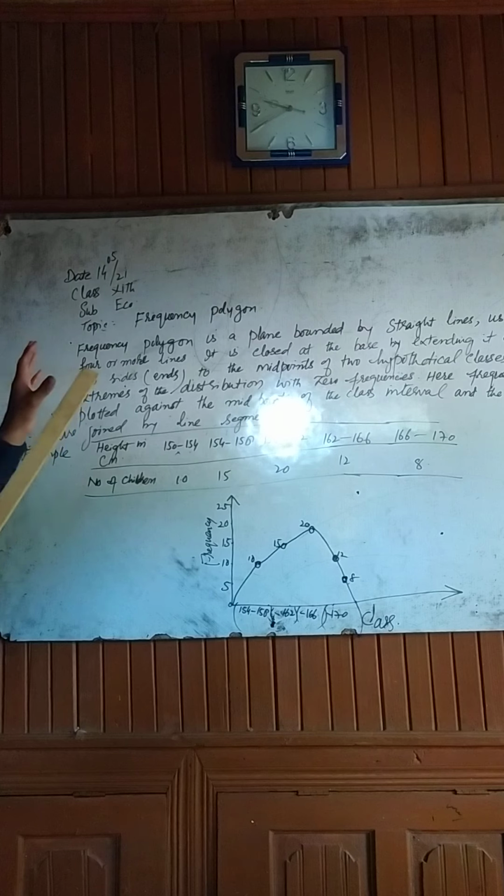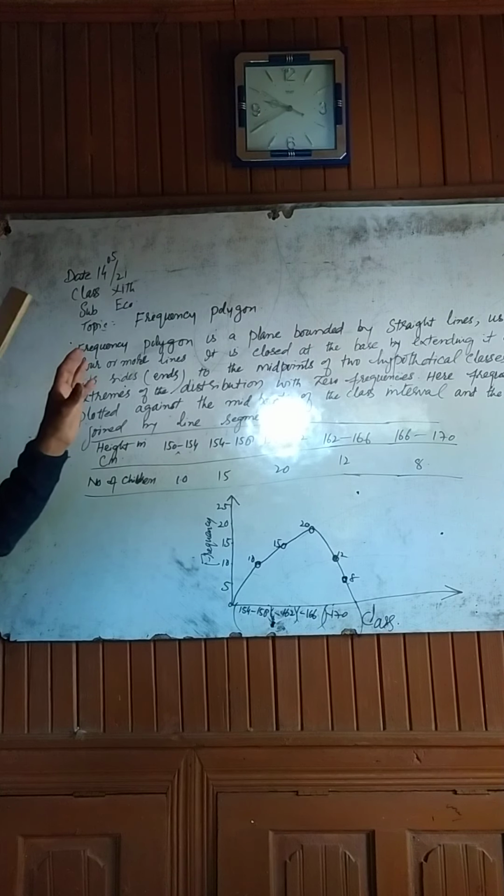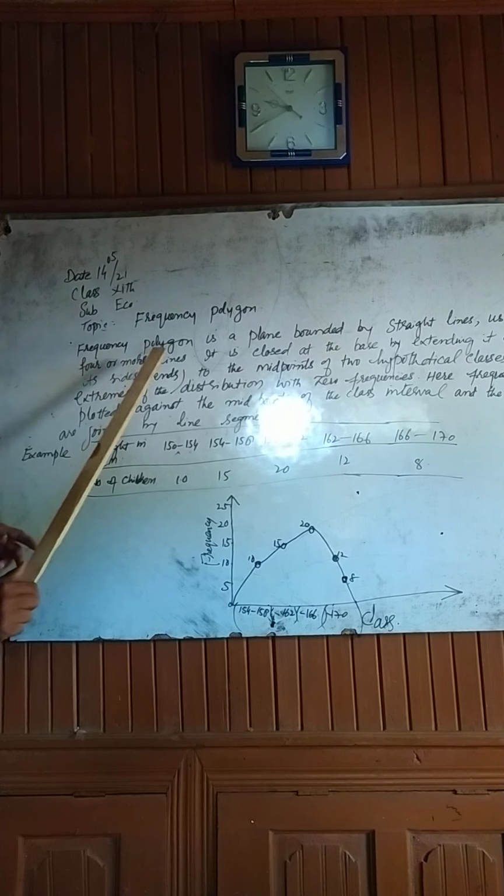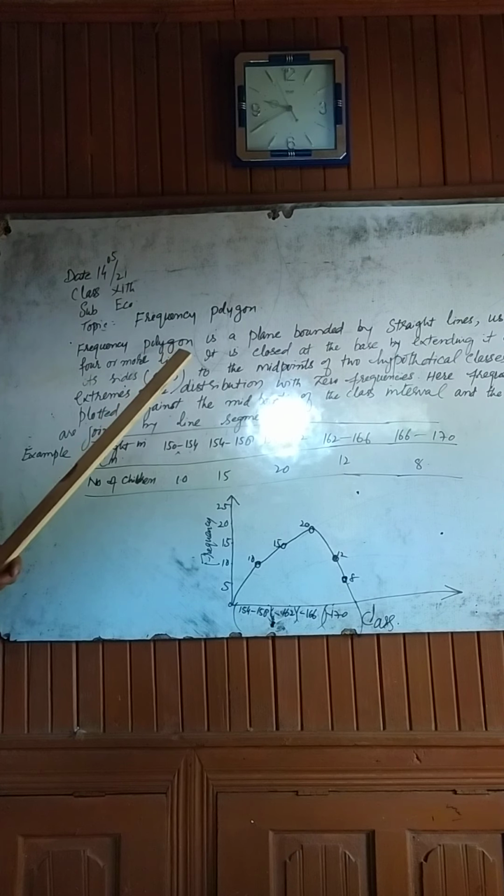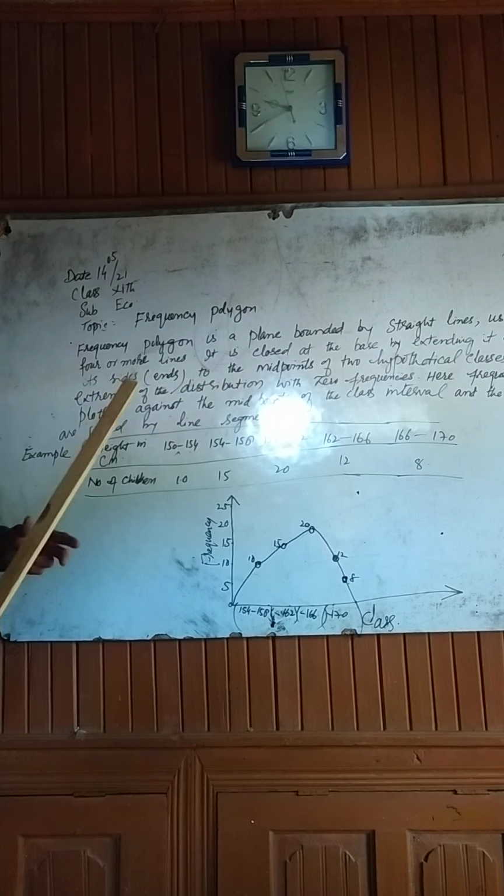First, let us try to define what frequency polygon is. Frequency polygon is a plane bounded by straight lines.